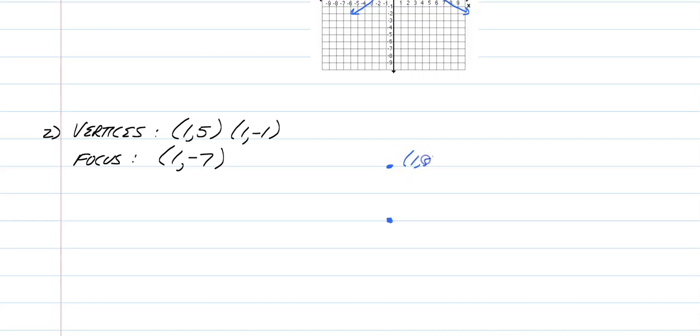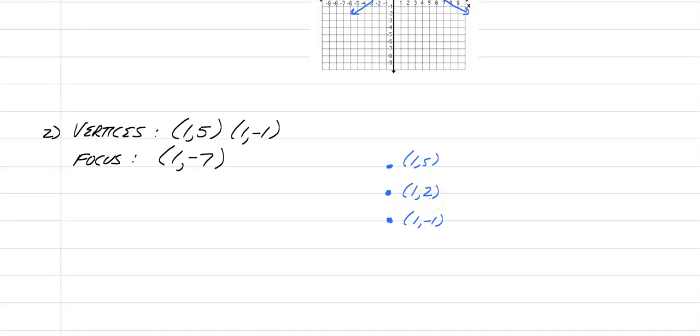So again, this is 1, 5, this is 1, negative 1. That is 6 units away to get from negative 1 to 5. So that means your center is 3 units away from each, which makes this guy over here 1, 2.